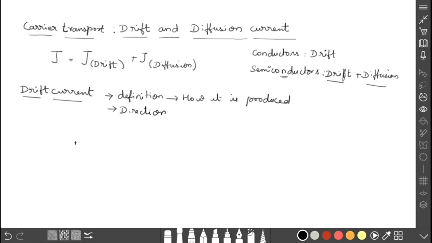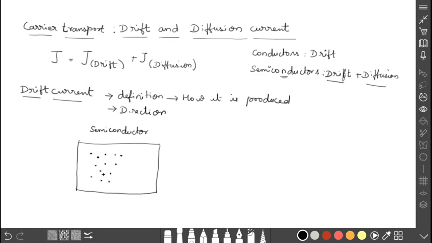For example, consider one semiconductor. This is the semiconductor. Inside the semiconductor, two charge carriers are there. This represents electrons.